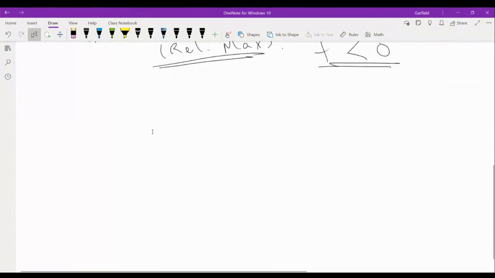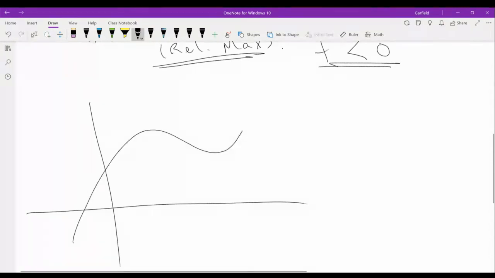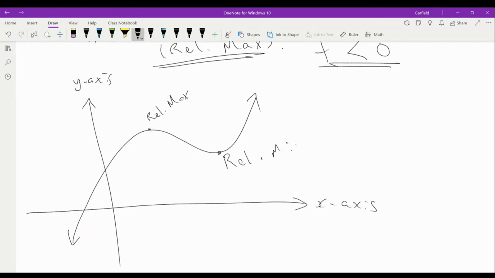Now, sometimes these graphs look like this. Now we can see that this is a relative max and this is a relative min from our previous section, right?